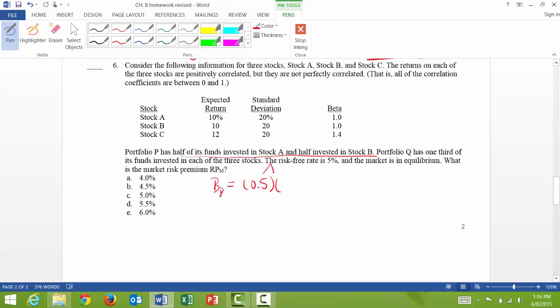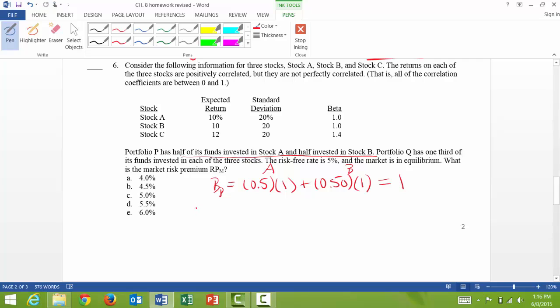So for stock A, 50% of the money in stock A with a beta of 1 plus 50% of the money in stock B with a beta of 1. And so that's just going to equal a portfolio beta of 1.